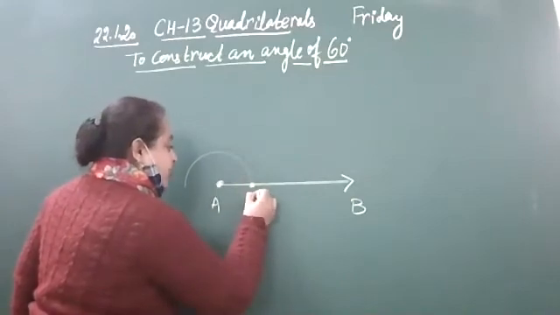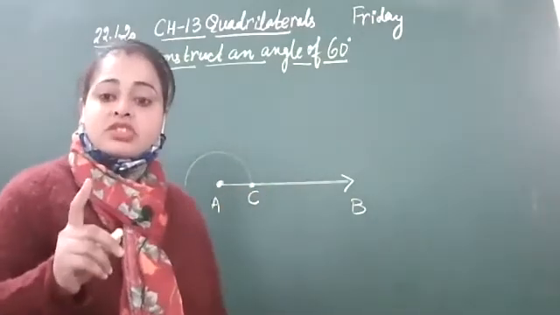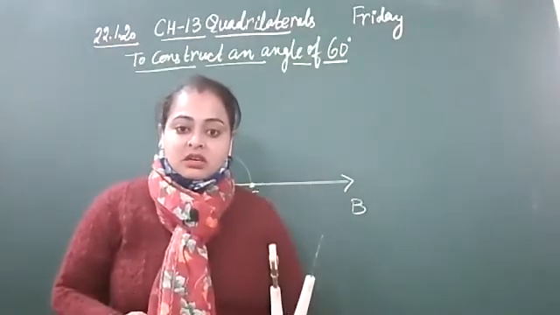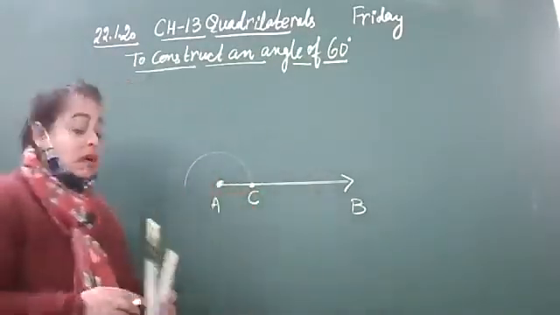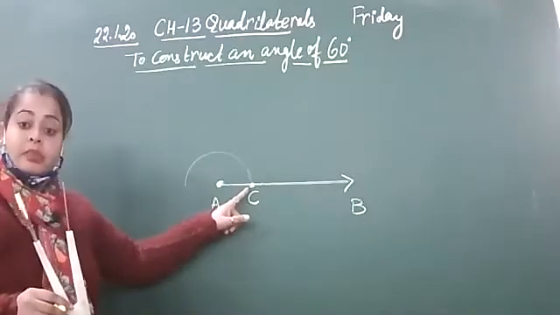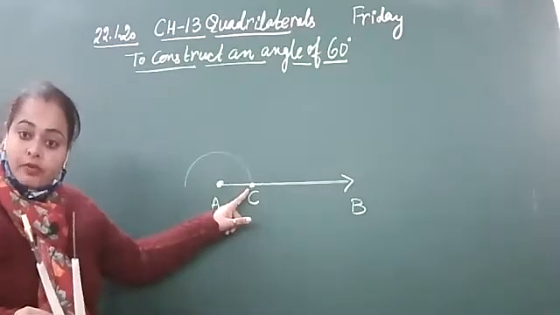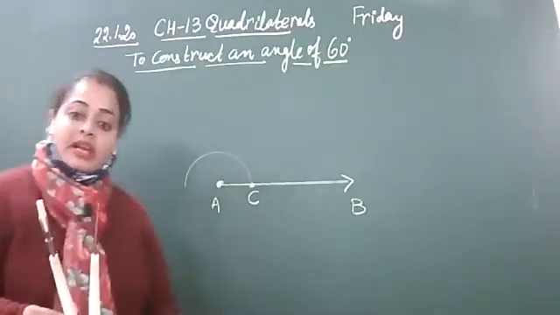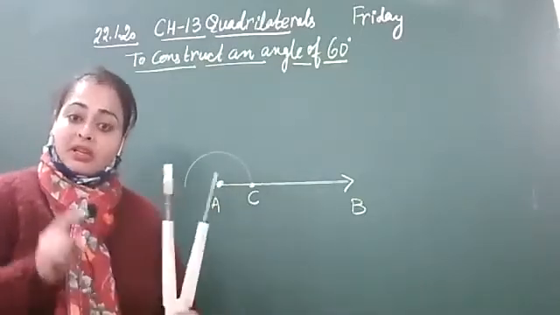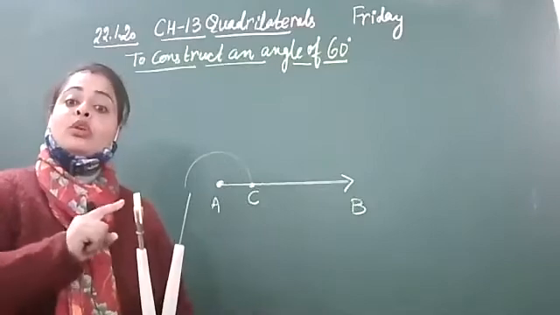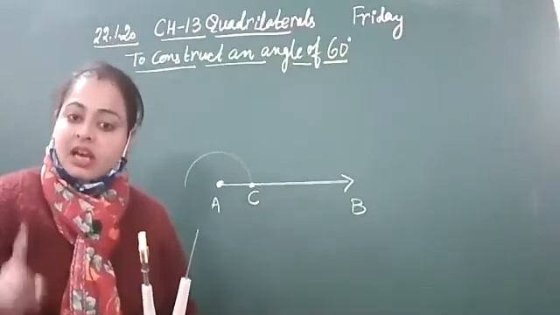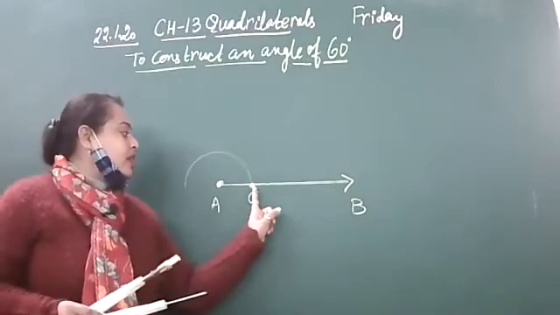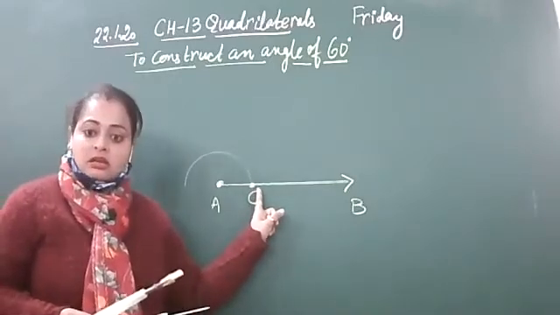This is point C. This is very much compulsory. Whenever you draw a semicircle, it must touch your ray. Once you open the compass, you will not change the size. Now you get one new point, C.